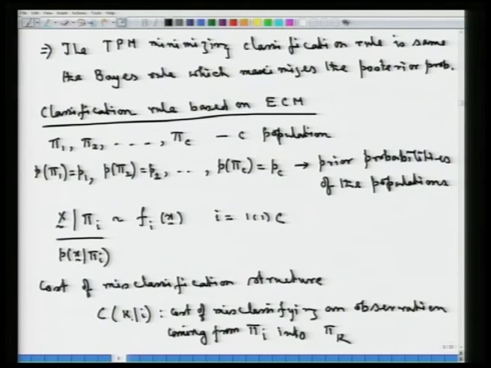So, we have got these c_ki's for i, k equal to 1 up to c. Now, we of course will be having this term c_ii, that is the cost of misclassifying an observation from pi i into pi i. So, there is no misclassification as such, and hence we take this to be equal to 0. This is for every i equal to 1 up to c, right.